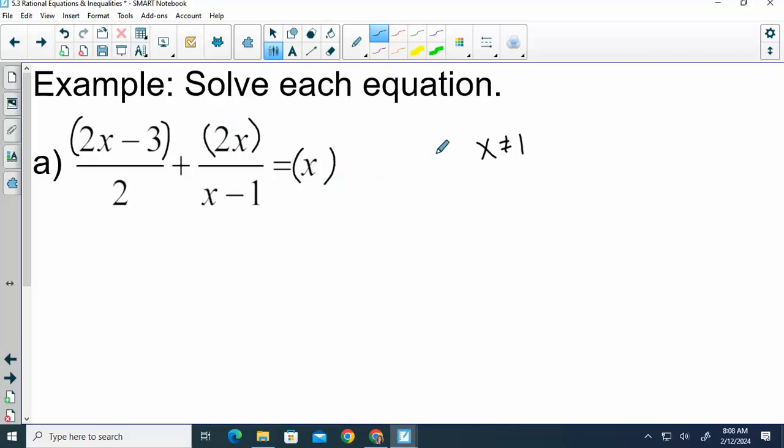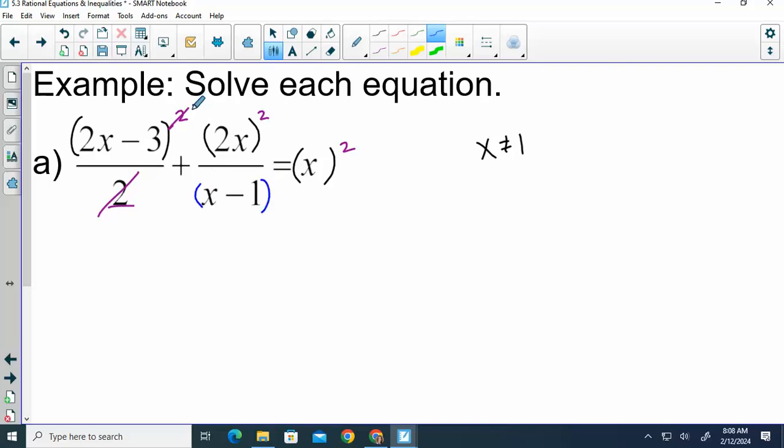Now there's essentially 3 terms here. So whatever you do to one, you have to do to all 3. So if I want to cancel my first denominator, it's a 2. So I have to take all 3 of these times a 2. That cancels this, but did I get rid of all my fractions? No. This denominator has an x minus 1.